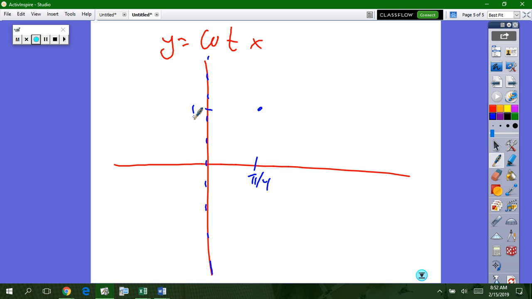So what's the reciprocal of undefined? 0. The reciprocal of 3 pi over 4, which was negative 1. What's the reciprocal of negative 1? Negative 1. And then pi was 0. What's the reciprocal of 0? Undefined.